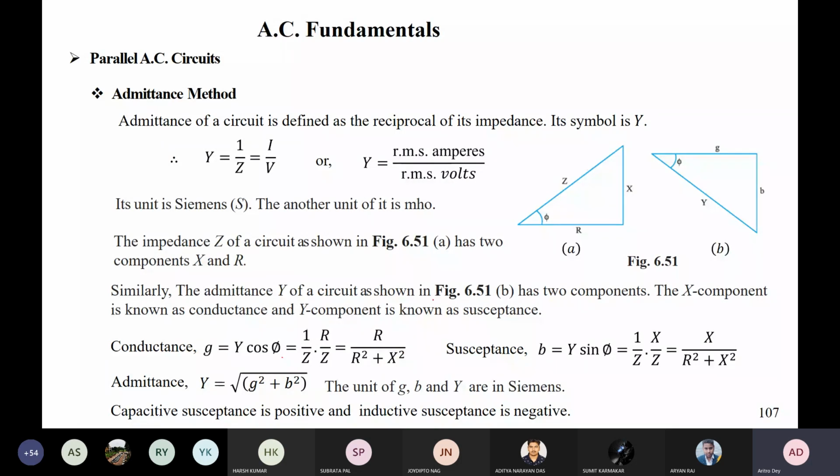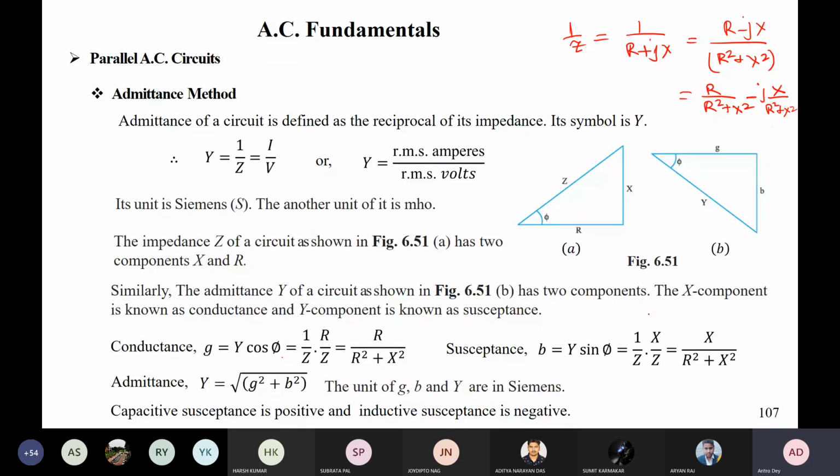And that you can also calculate like this: 1 by Z, if we have Z equal to R plus jX, we can write it as 1 over R square plus X square, and if I multiply with its conjugate, then this is your conductance, and the other part, j into X by R square plus X square, this is your susceptance. So you can do it from the complex algebra, or you can straight away write like this.